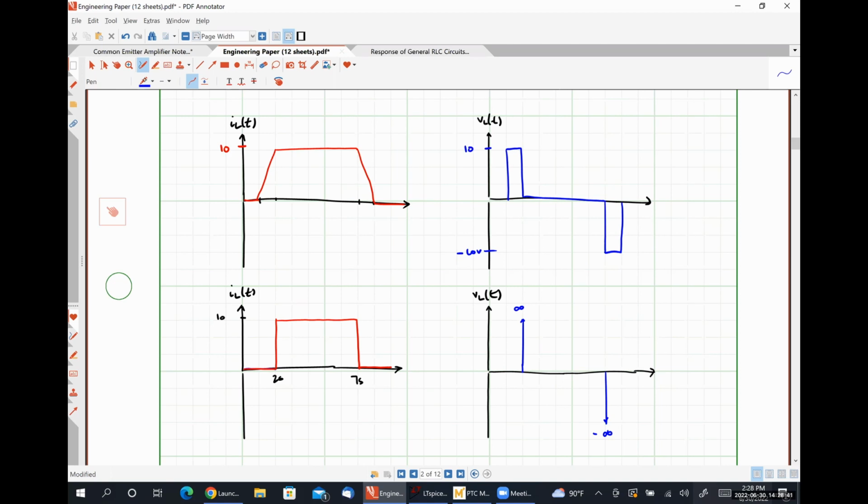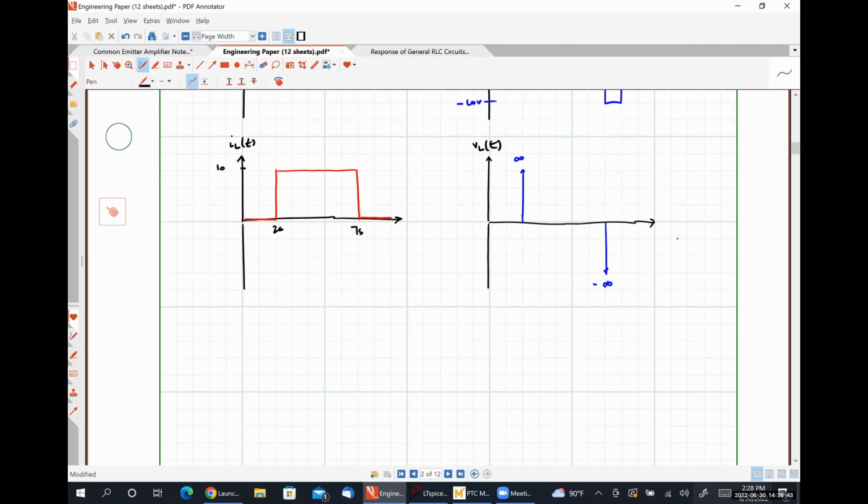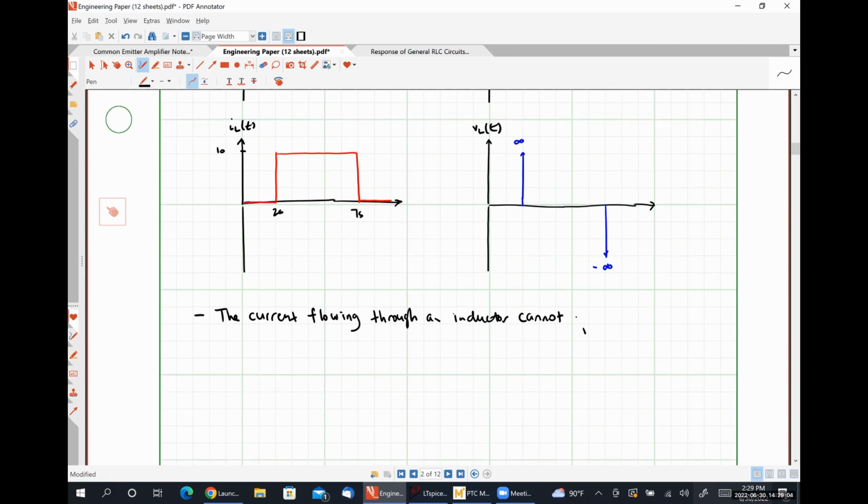So from this, we can say the current flowing through an inductor cannot change abruptly.